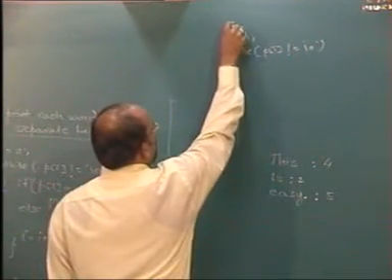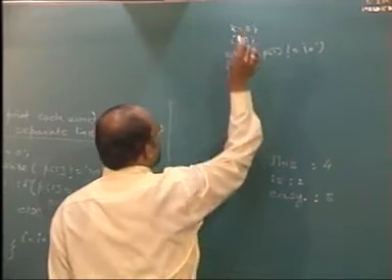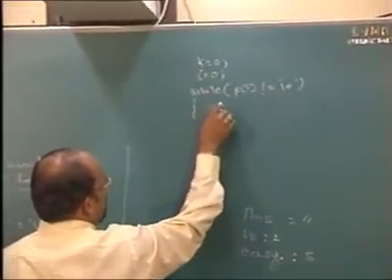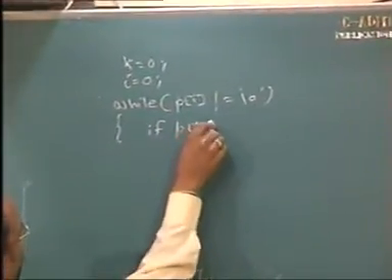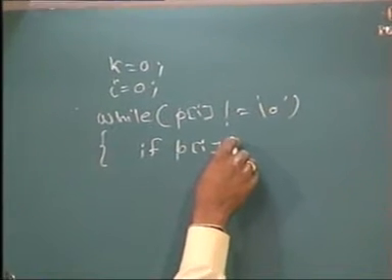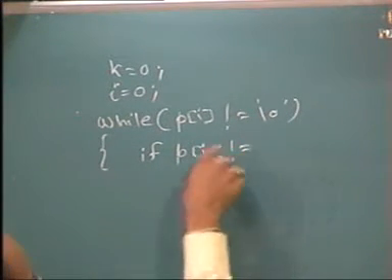I am using k as a counter. I'm just using the code the other way around.